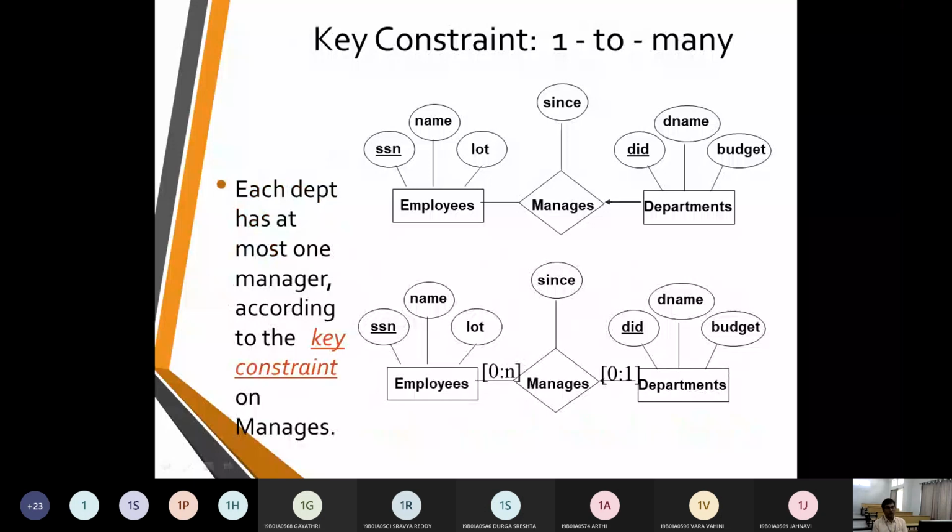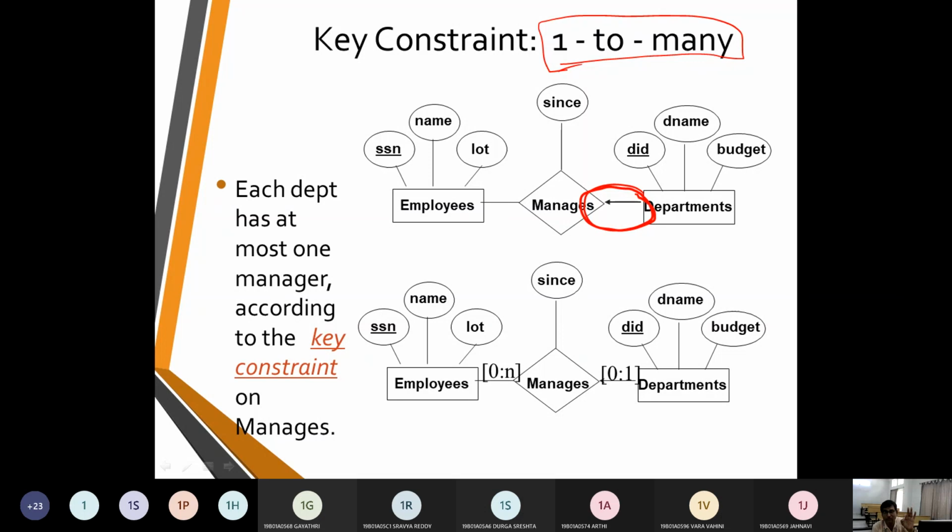Now, to see that a key constraint is supporting a one-to-many relationship, I am going to represent an arrow mark here. In the earlier examples, we didn't mention the arrow mark.